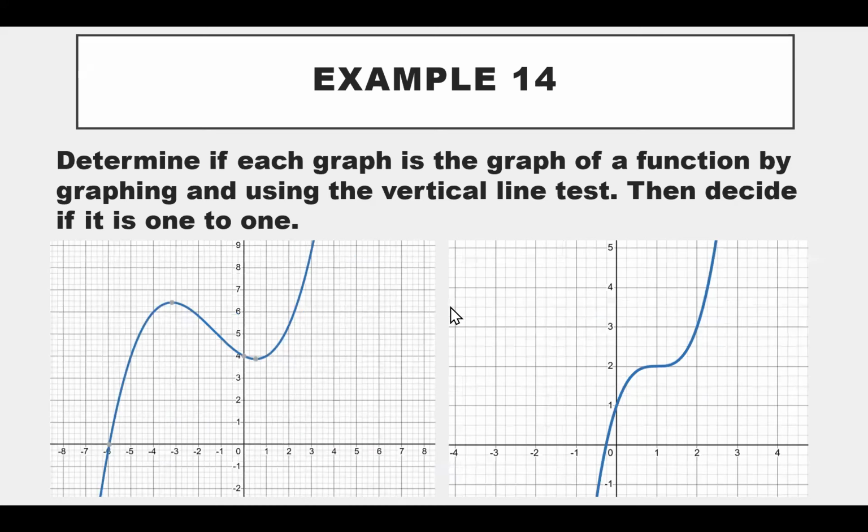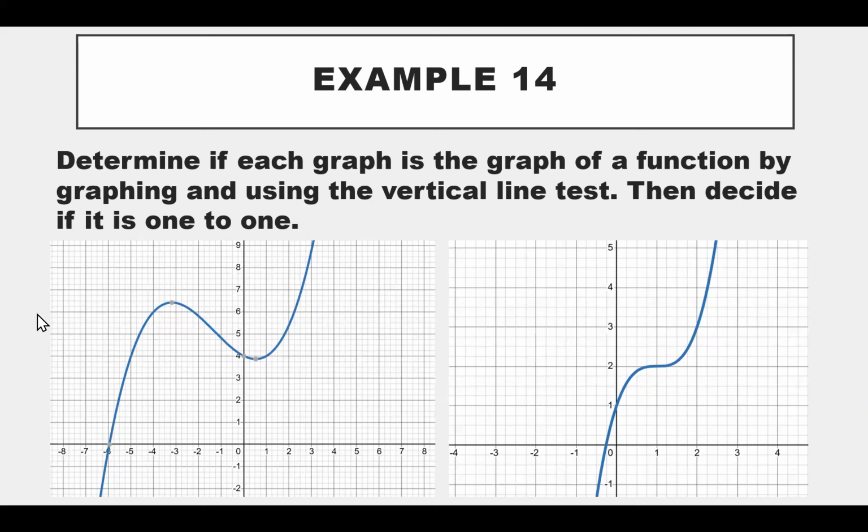Let's look at another pair of examples. Here we have two graphs. If you draw vertical lines through the graph on the left, then each vertical line is only going to hit at one spot. So the graph on the left is a function.